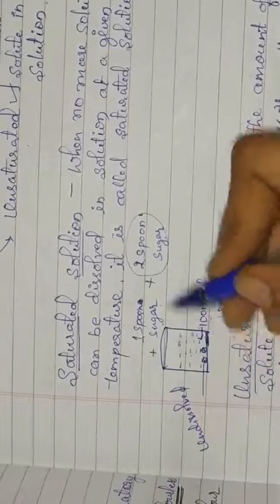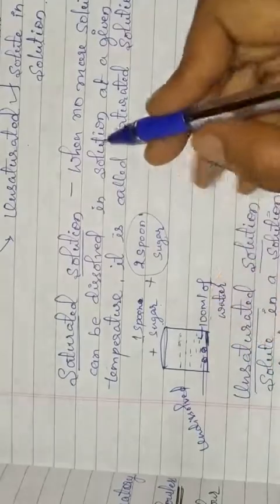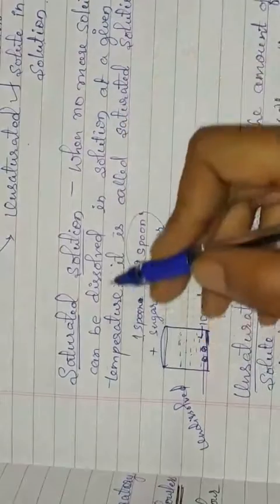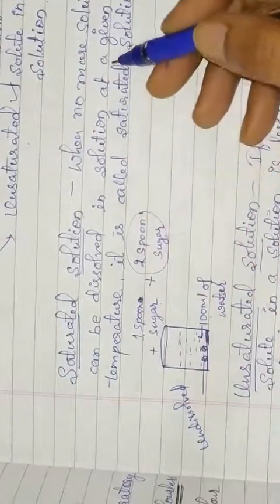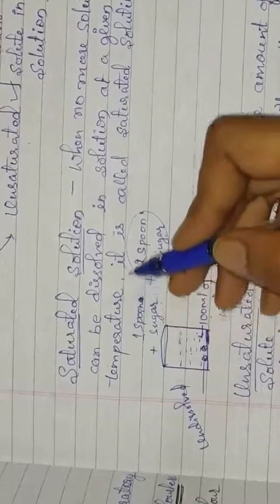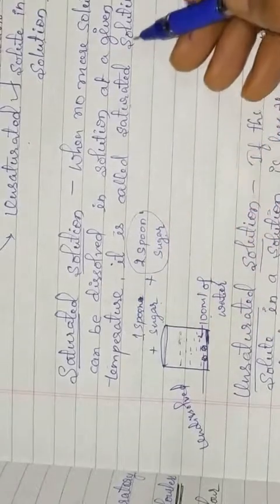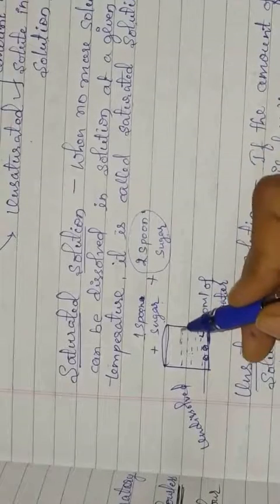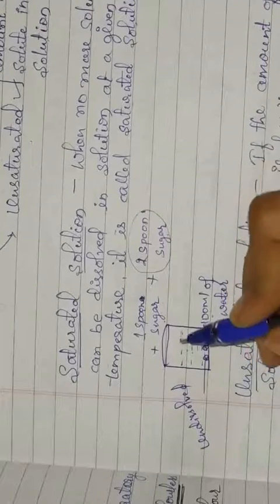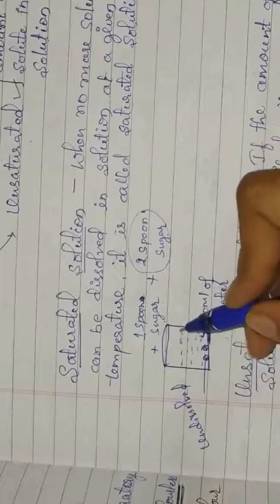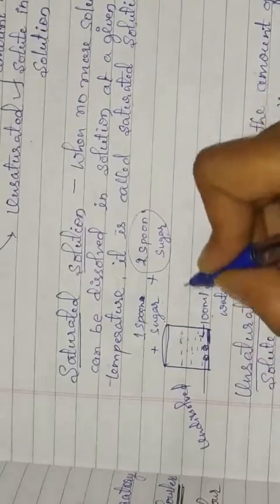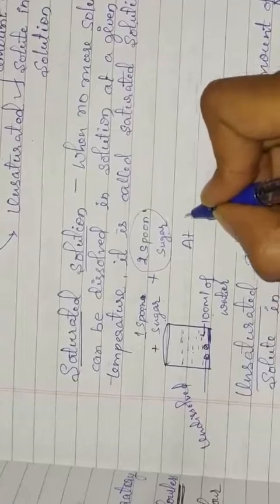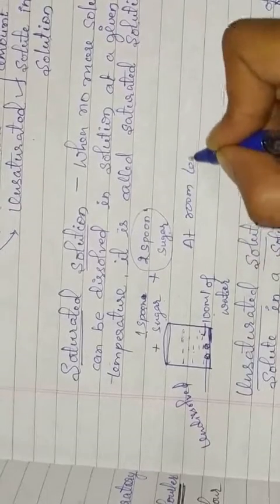So see here this definition: when no more solute can be dissolved in a solution at a given temperature, it is called a saturated solution. Actually this activity is carried out at room temperature.